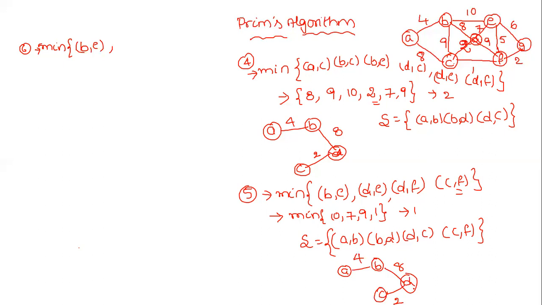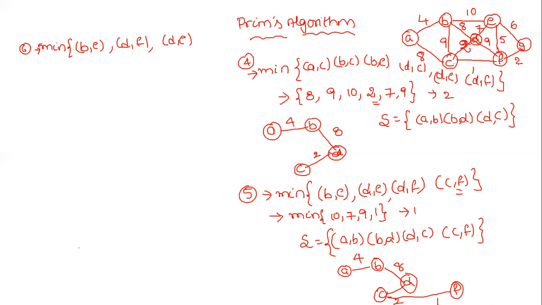Same way D to F we are going to consider here. Same way D to E is also going to be considered here. So B to E and D to E, D to F, and then move to F. So here C to F is also there.